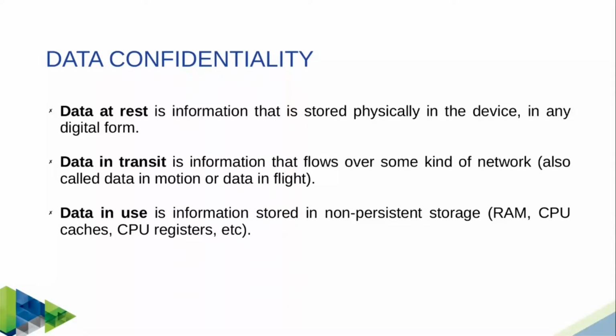The third type of data is data in use. That's the data you are currently using, right? Like data in RAM memory, data in the CPU, cache lines, for example, registers. So you may want to protect also that. In this specific case, you probably need some kind of hardware support, right, to protect data in RAM.